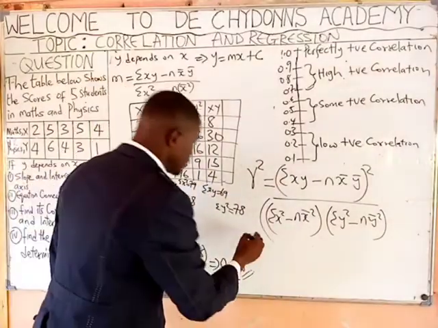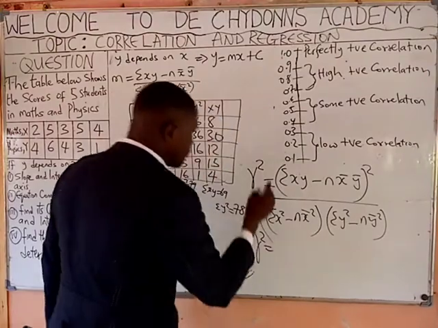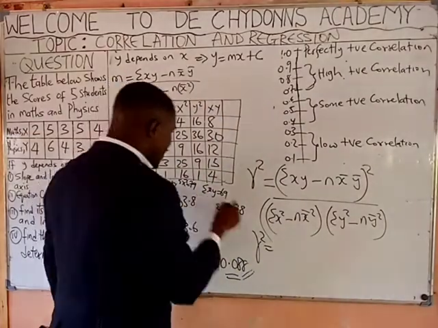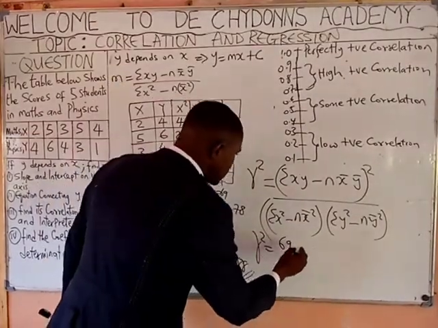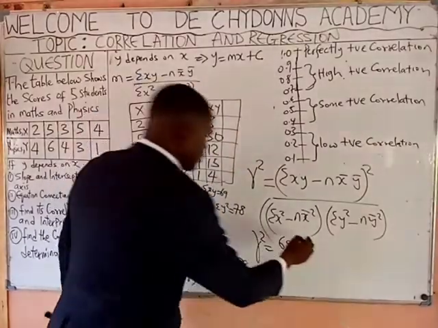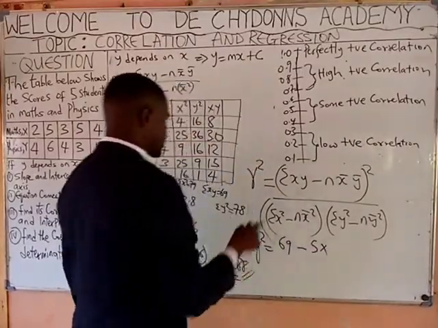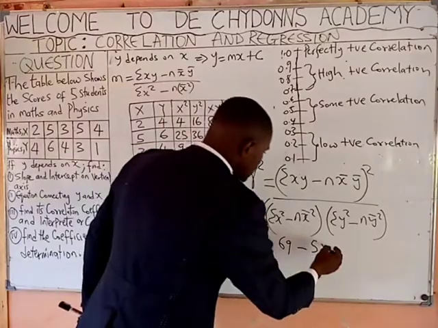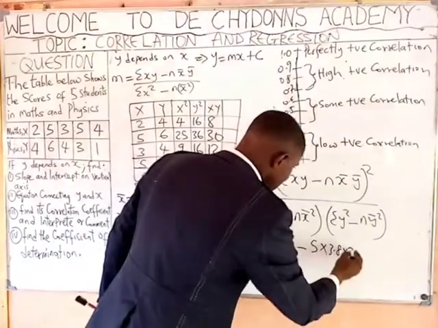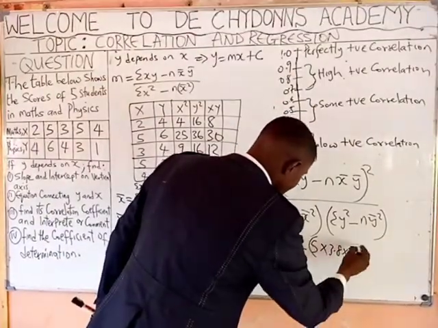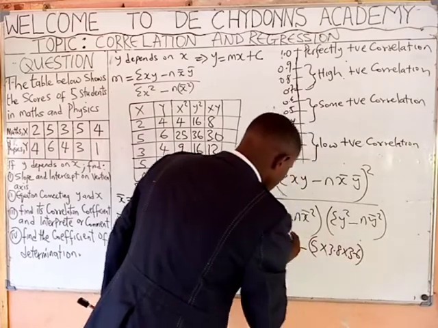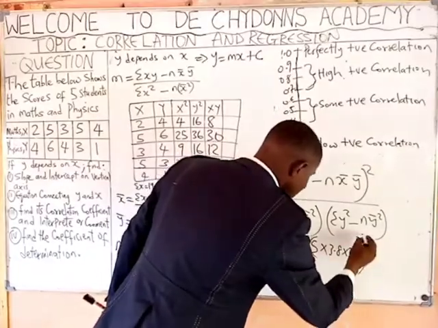We say r squared equals, let's put the parameters, summation of xy is 69 minus 5 times mean of x, 3.8, times 3.6 in bracket. Then you now square everything.